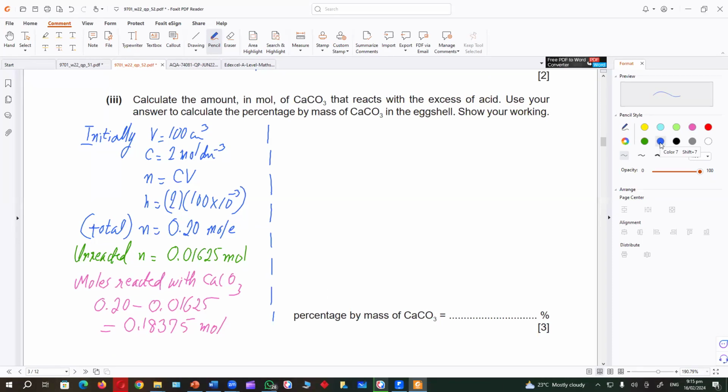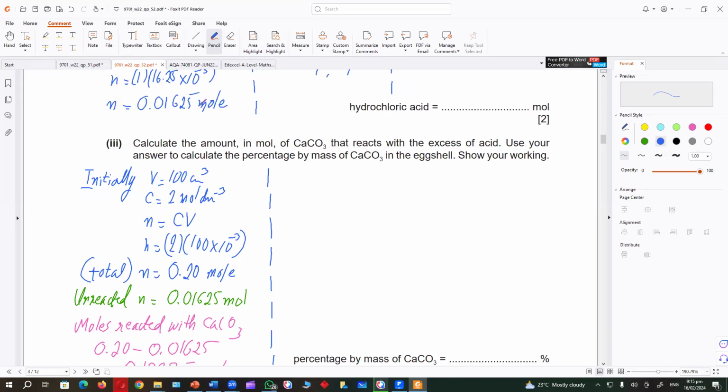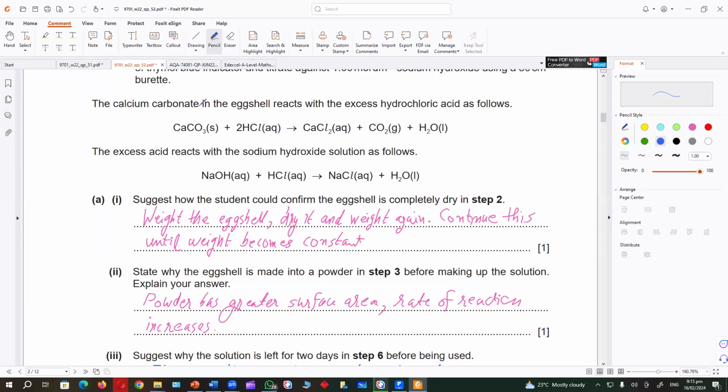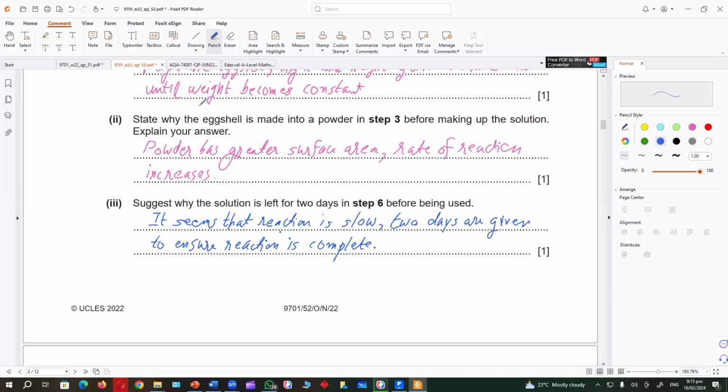Then apply the ratio. Calcium carbonate to HCl is 1:2.